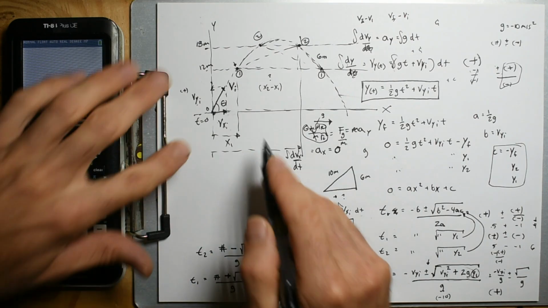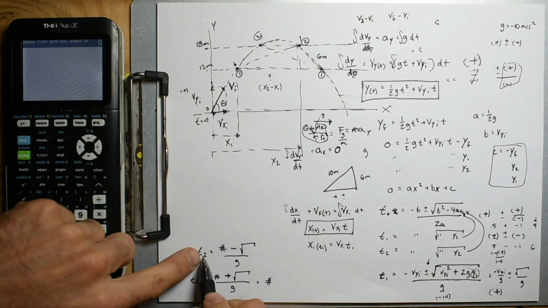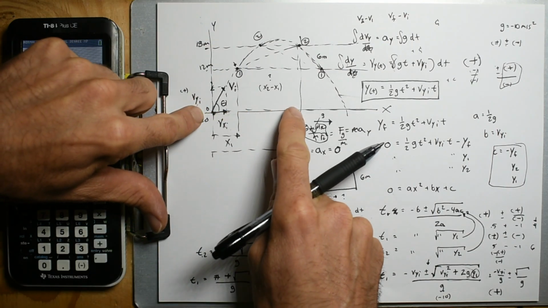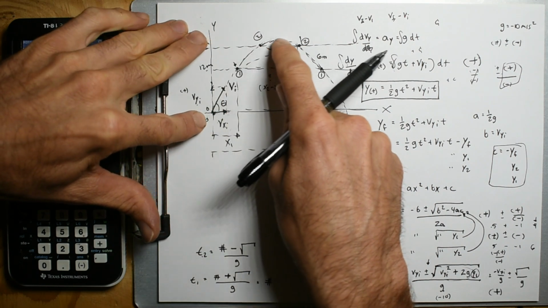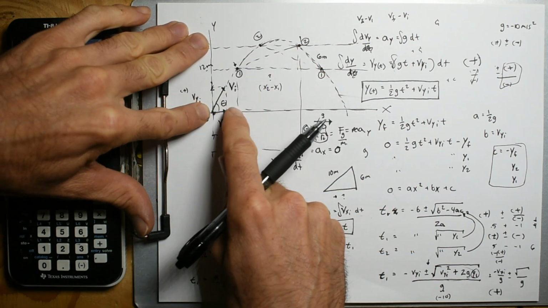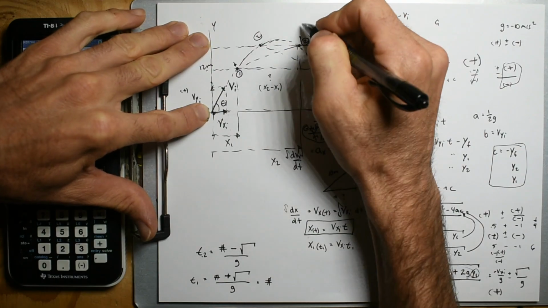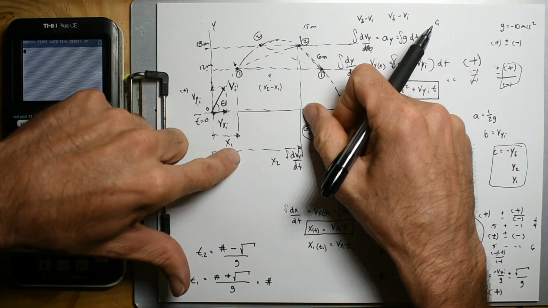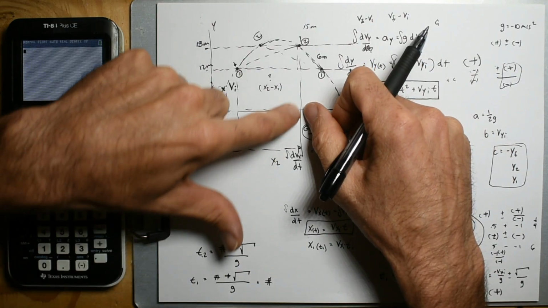And then let's say I found time 2. This velocity is still the same, and if it takes 3 seconds to get here, going 5 meters a second, at time 2 this is going to be 15 meters. That's its x2 position.